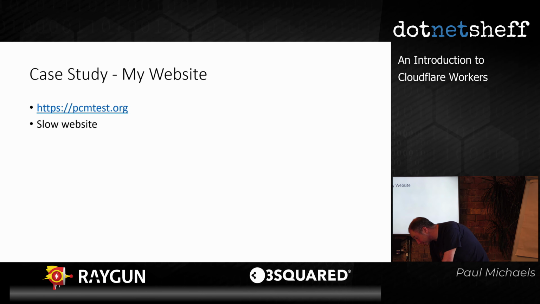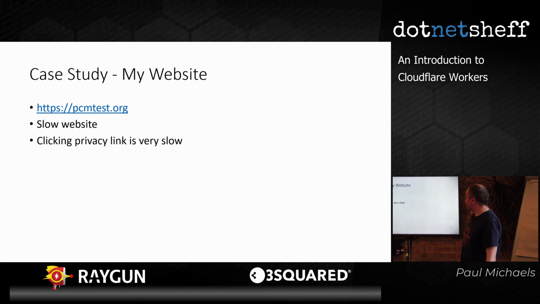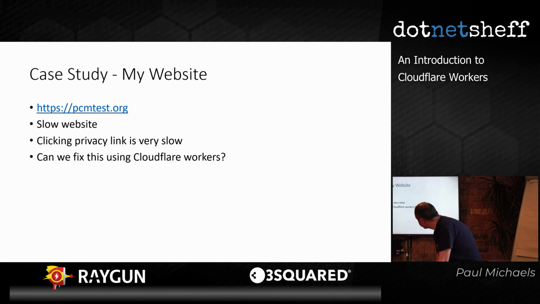It's slow, and we'll have a look at the code in a minute. The reason it's slow is that it's got a privacy link, and when you click it, the privacy link is very slow. So I suppose the case study is, can we fix it using Cloudflare workers? So what I'm going to try and do is switch over to the code.